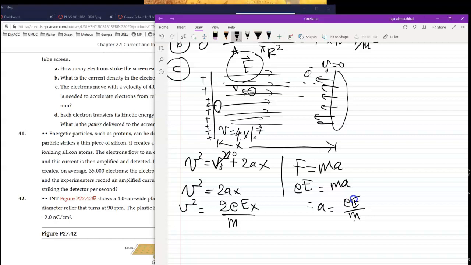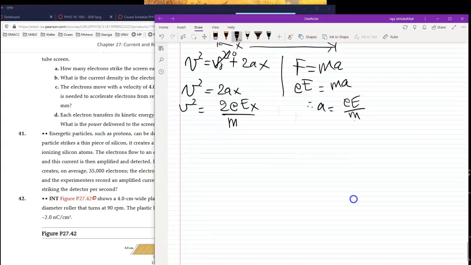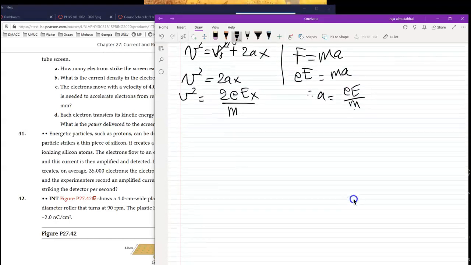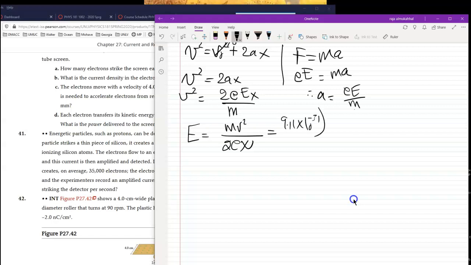Therefore, solving for E, E is equal to mv squared over 2ex, and that's it. That's the strength of the electric field. I only need to plug in the values. The mass of the electron is 9.11 times 10 to the negative 31.